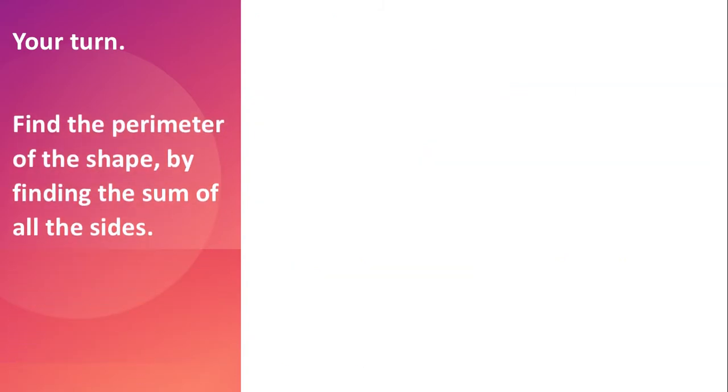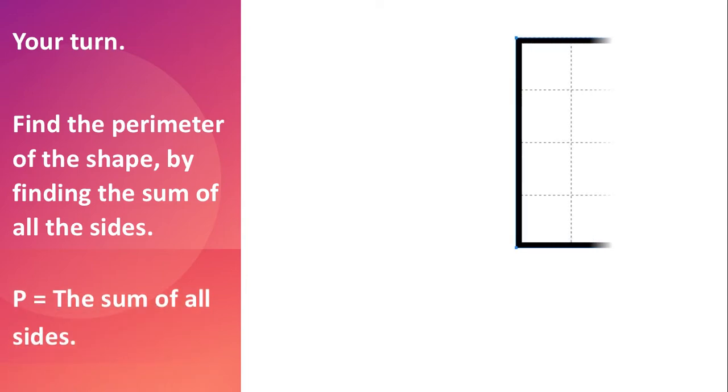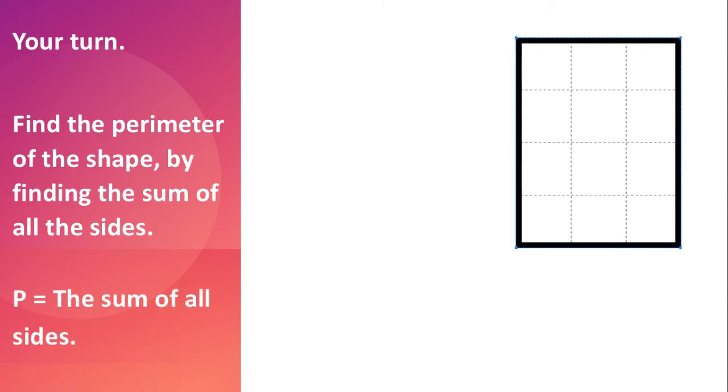So find the perimeter of the shape by finding the sum of all of the sides. So this is a rectangle. Pause it here and see if you can figure out the perimeter. All right, so we have 3 units on the length of the top. 1, 2, 3 units.